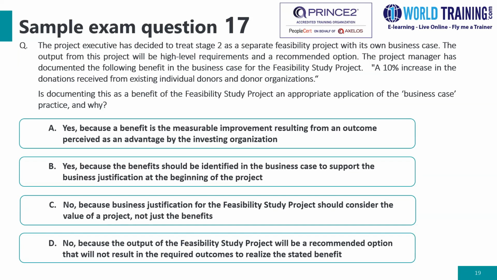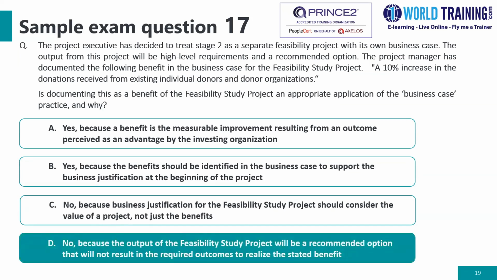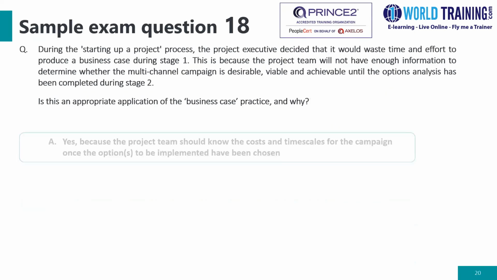Is documenting this as a benefit of the feasibility study project an appropriate application of the business case practice, and why? And the correct answer is no, it's not, because the output of the feasibility study project will be a recommended option that will not result in the required outcomes to realize the stated benefits.